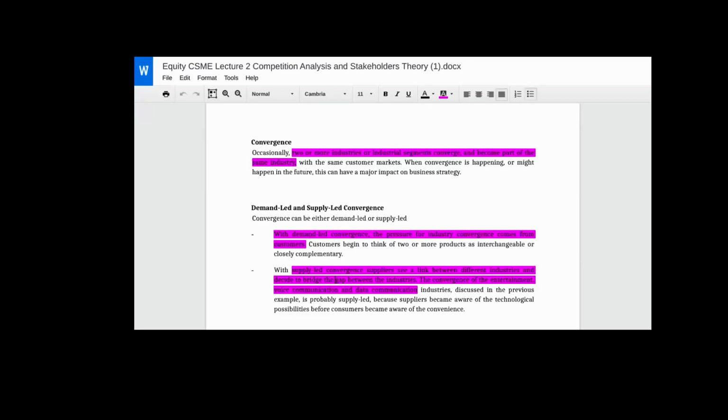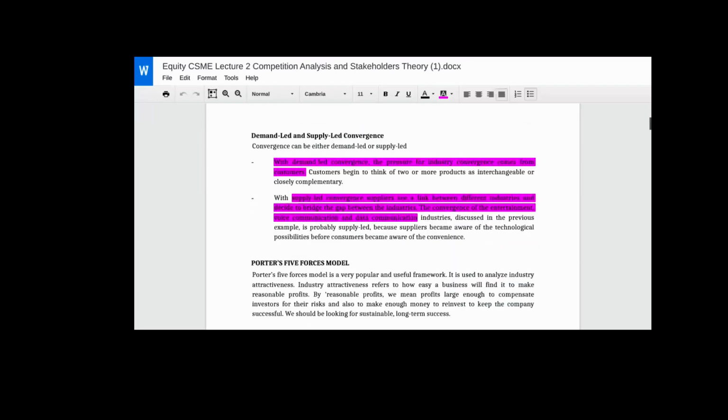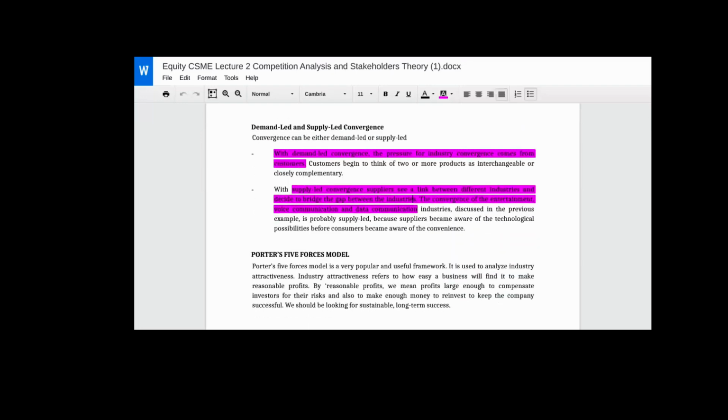And at the same time, we can have a supply-led convergence. That would be as a result of supply. The forces of supply bring about that. There may be an identified space in the market that the industry cannot cater for. For instance, in the charter flight, I was in the physical class yesterday when we were looking at Air Spirit Limited. In that case scenario that we solved in class yesterday, we discovered that in the charter flight, there was only one supplier, one company there.